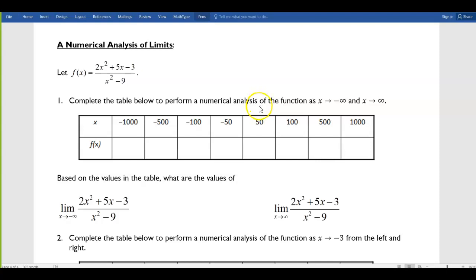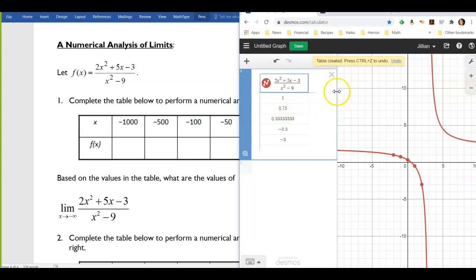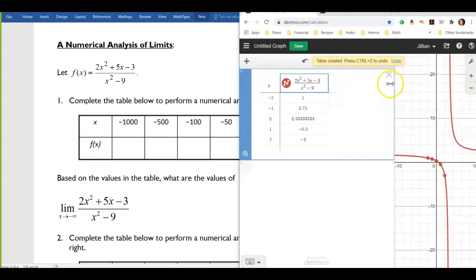Now these are not numbers that you want to plug in and try to calculate by hand. So we're going to use our calculator, our handy Desmos. I've already typed this in here, so type in that function, and then remember you can click the gear and then make a table of values. And then we're going to type in those numbers.